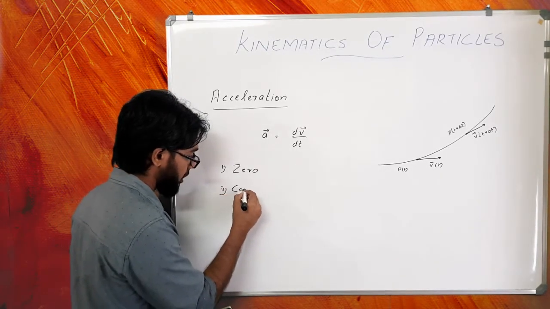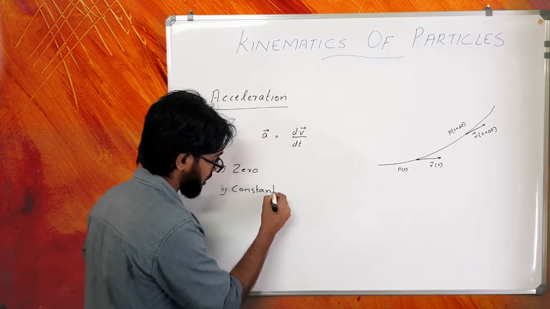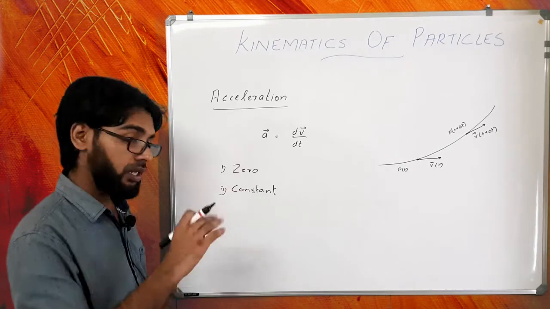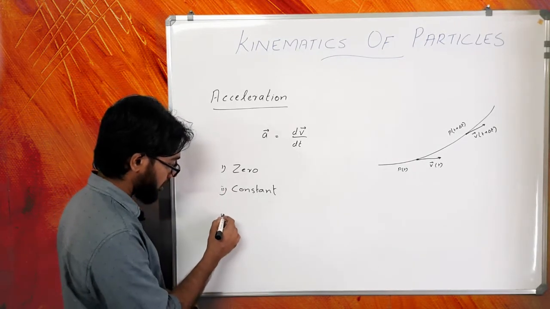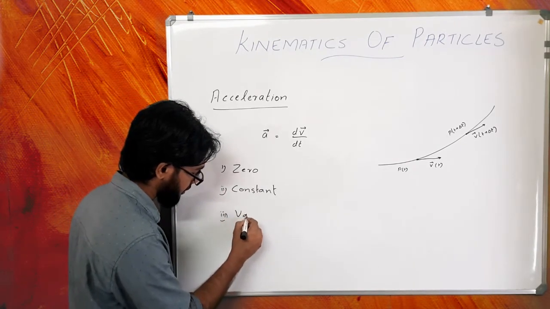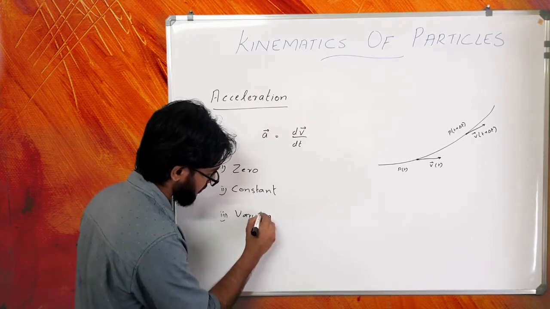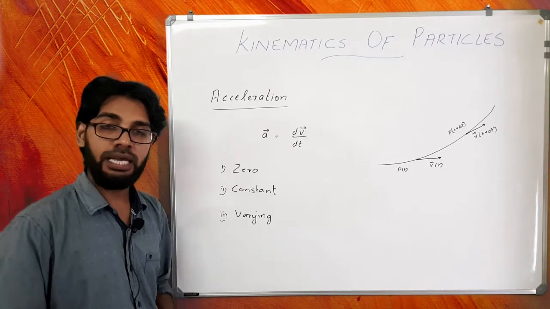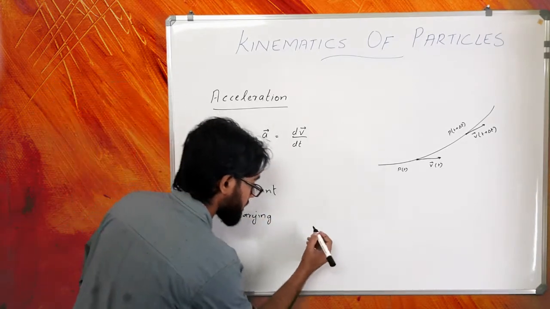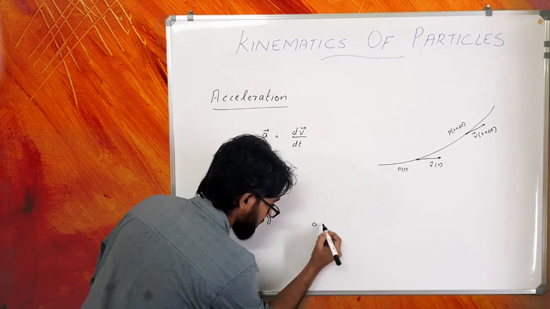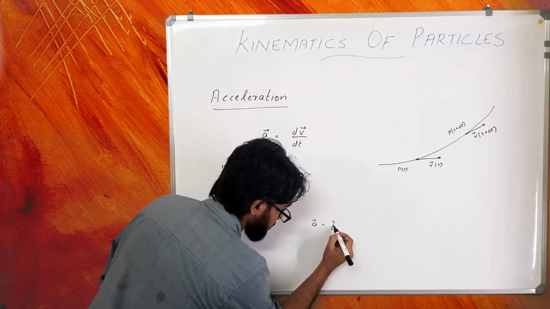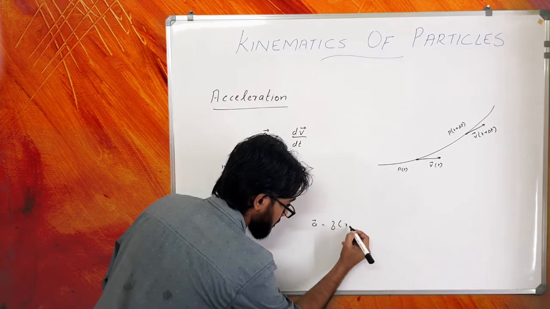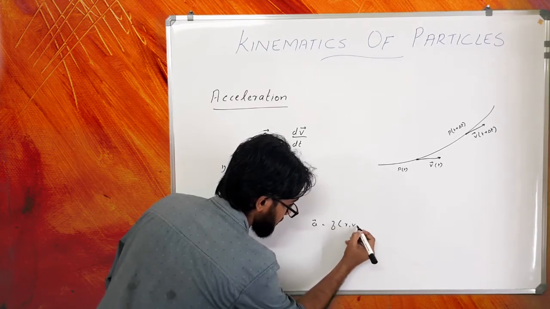It can be a constant both in terms of magnitude as well as direction, or it can vary as a function of the displacement, velocity, time, etc. So in case of varying, I can represent the vector A as a function of, say, displacement, velocity and time.